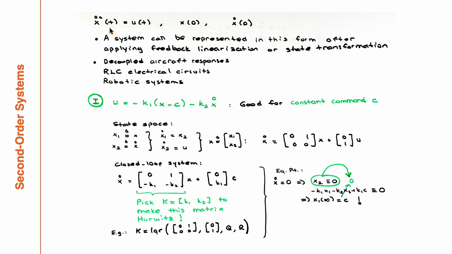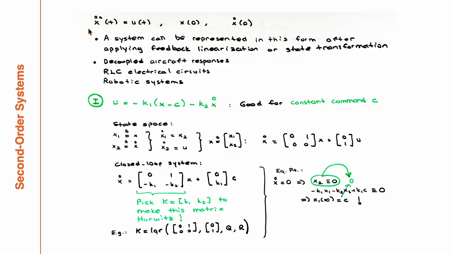All right, we are looking at second order systems, very common. We deal with second order systems in engineering, especially if you are like me working on robotics, ground vehicles, aerial vehicles. You can approximate them very closely as a second order system.